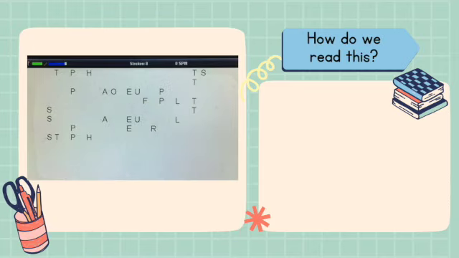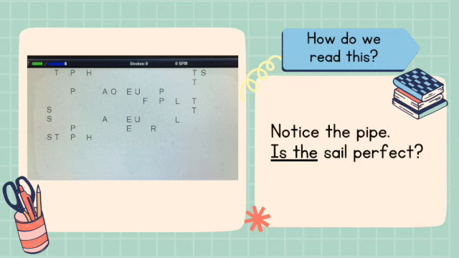Great. Now you already know how to read sentences for this lesson. So let's try this one. How do we read this? I'm giving you 3 seconds to answer. Three, two, one, zero. Okay, let's check your answers.